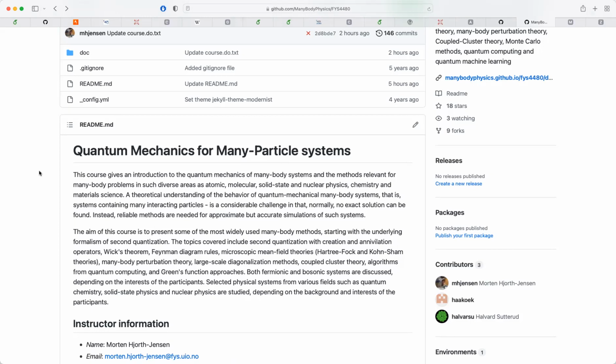I am also a first-year student of computational science physics. I took this course because I thought it was interesting, and I think I wanted to do a master's in something related to this. I'm Johannes. I'm a first year in computational science physics as well, and I took this course because I think it's interesting to look at many-body systems.